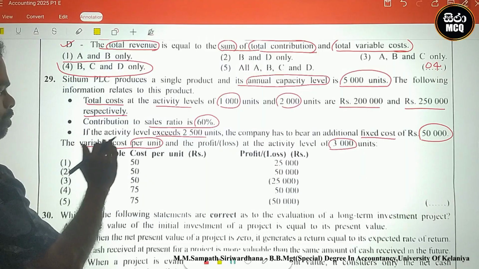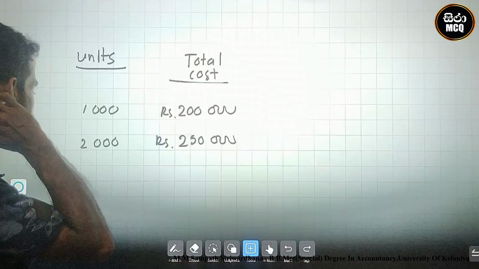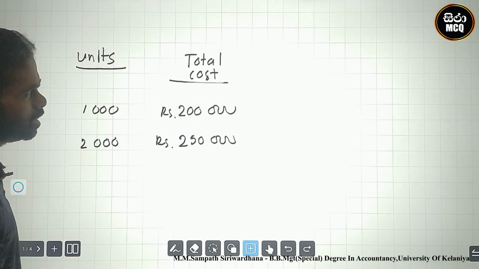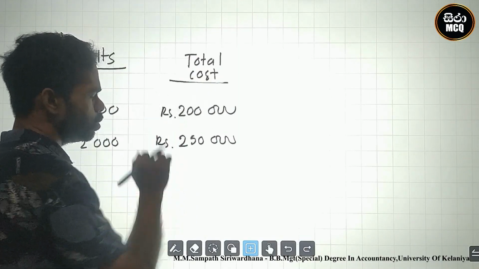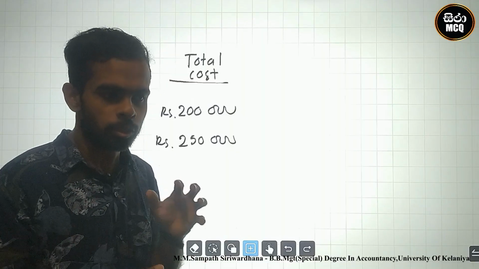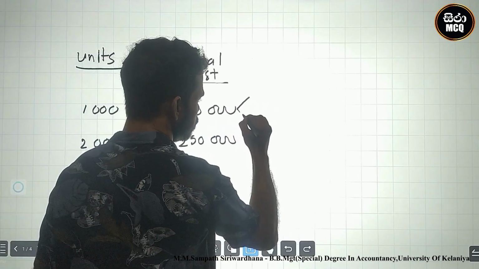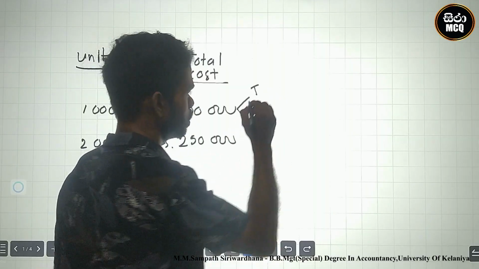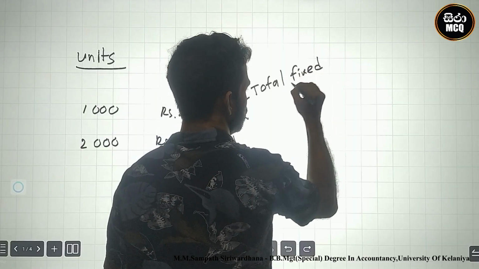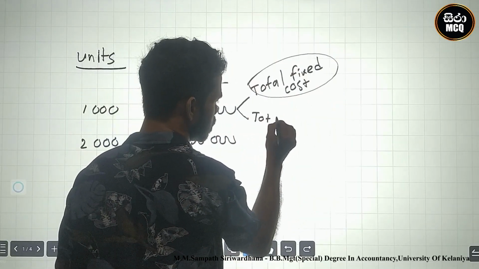Okay, we need the variable cost per unit and the profit for the activity level of 3000. Look here, this is the information. Firstly, at 1000 production units, the total cost is 200,000. Total cost can be categorized in two ways: total fixed cost and total variable cost.